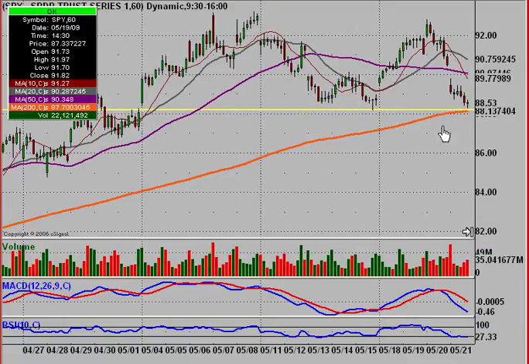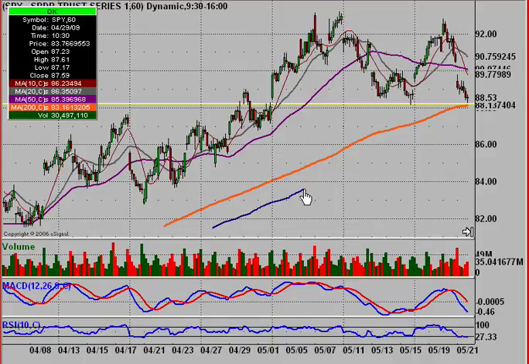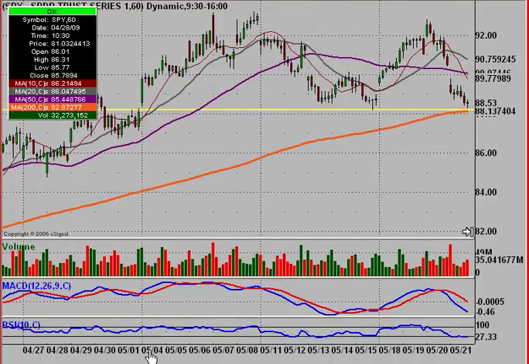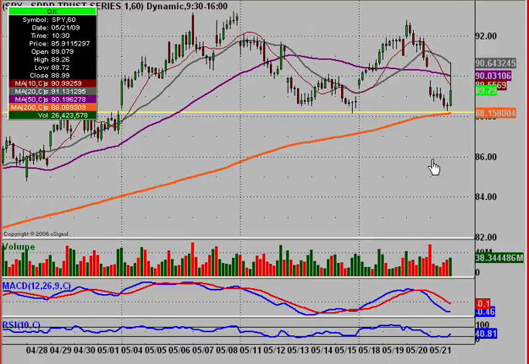We're sitting right above the 200-period simple moving average. And once again, it just shows how nice of an uptrend we've been in for the past couple months. This area is getting pretty critical because we are nearing this 200-period simple moving average.